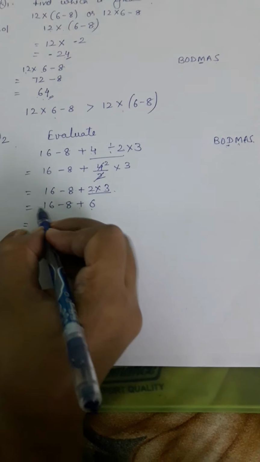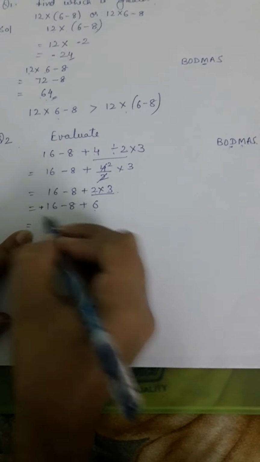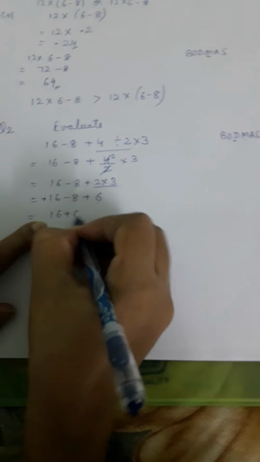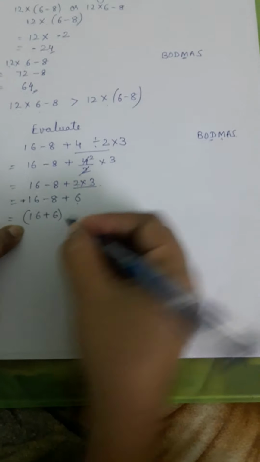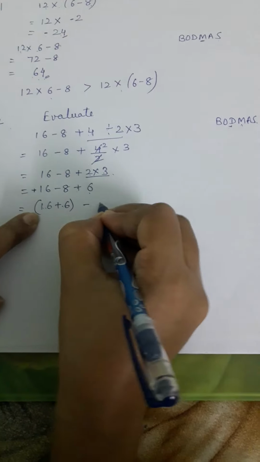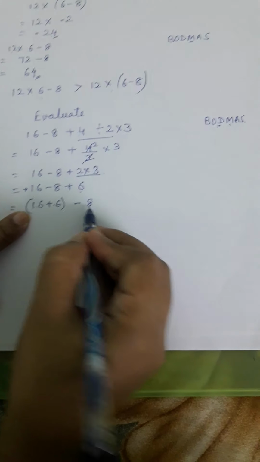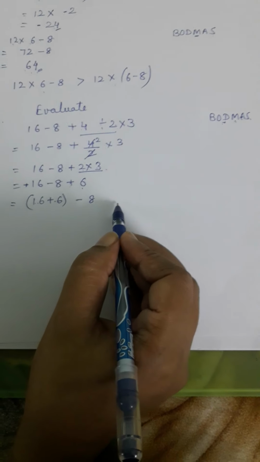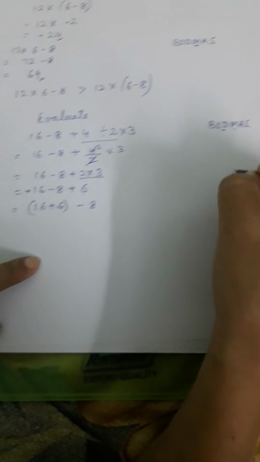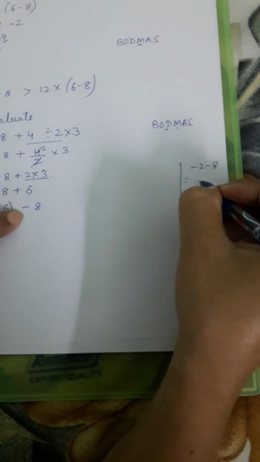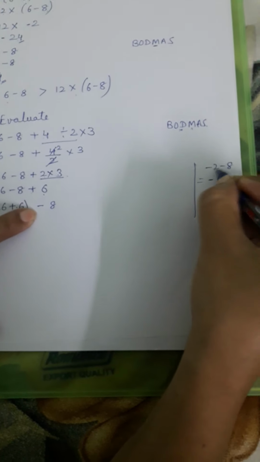Now you see 16 has a plus sign in front. 6 also has a plus sign in front. So write them together: 16 plus 6. Put a bracket for all the plus numbers, and write the minus numbers separately. There is only one minus number, so only one is coming. If there are two minus numbers, then you write them also in a bracket. For example, I am showing in rough work: if there is minus 2, minus 8, then you write the minus sign and a bracket, and add them.